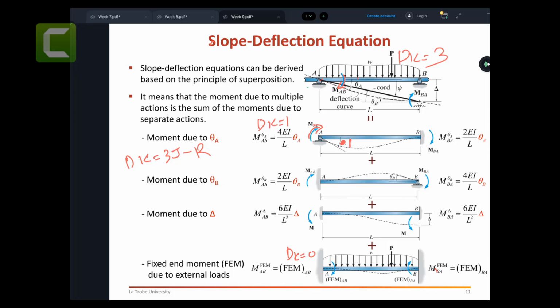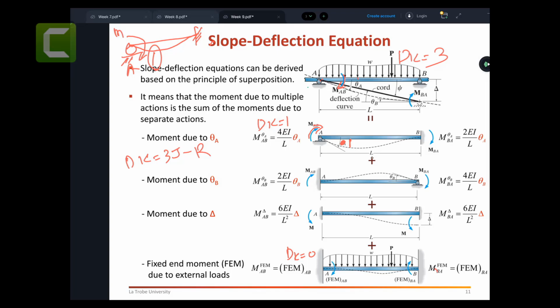Let's say you have a question where you have a fix here, a roller here, a roller here, and someone tries to rotate by 1. How much moment do you think is required to rotate your joint number A by rotation 1?